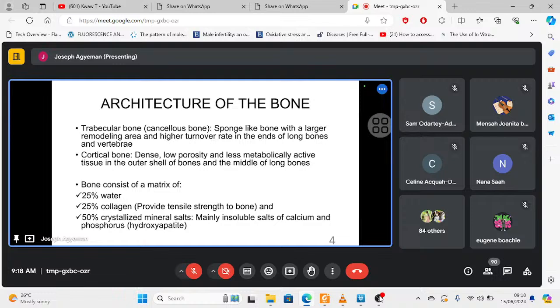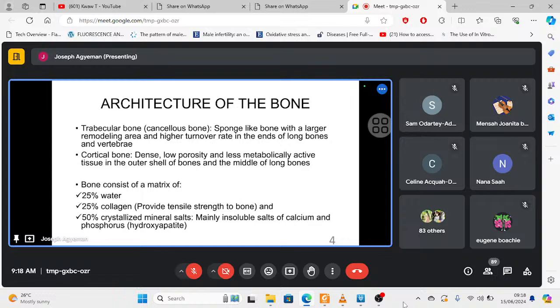So the middle, in between the two extremities, you realize that that middle part is very, very hard, and this is the place that we call cortical bone. So the extremities that are soft are termed the trabecular bone. The middle portion that is very hard, not easy to chew, is the cortical bone.